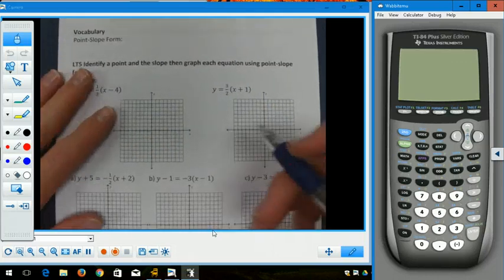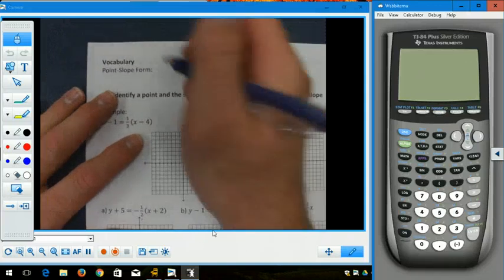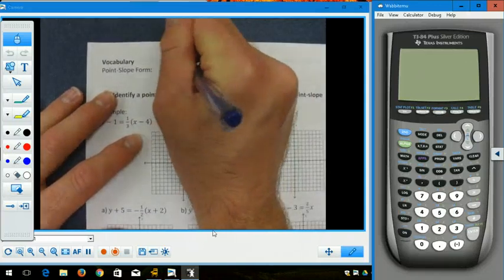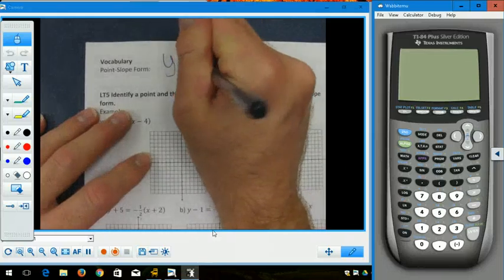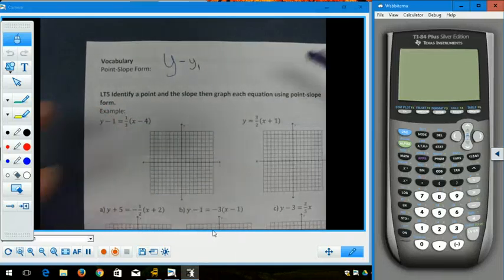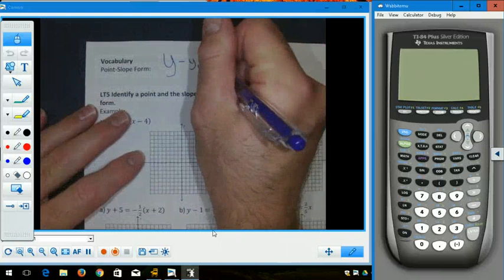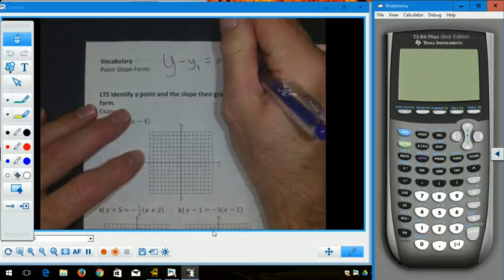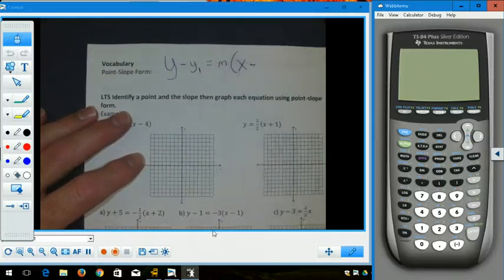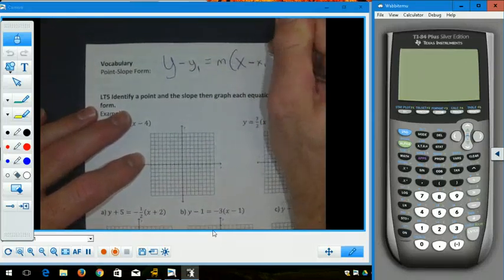Point-slope form of an equation is written the following way. y minus y sub 1 equals m times x minus x sub 1.